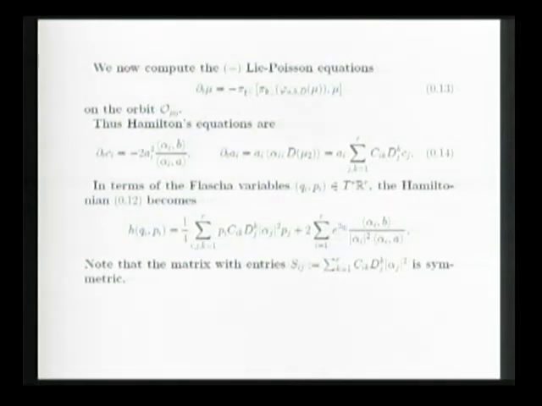This is part of a larger project that I've been working on with Tudor, which looks at this general transformation from the adjoint variables to the canonical variables, and it turns out to be generalizable in very nice ways to many other systems as well. So that's an ongoing thing of interest.